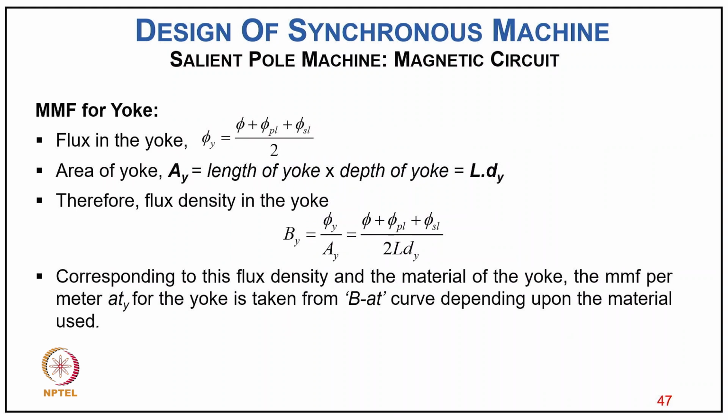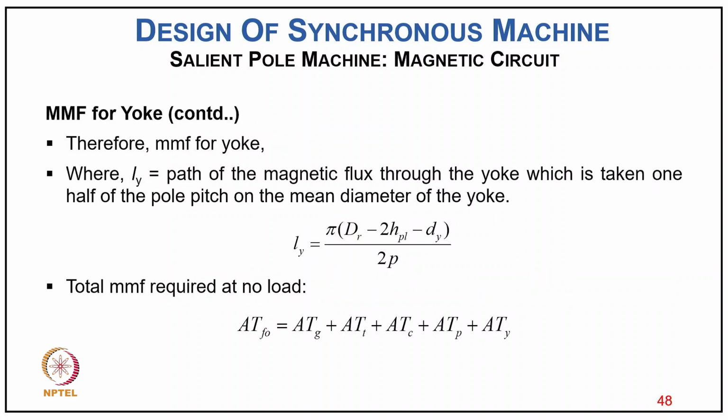Now MMF for the yoke. The flux in the yoke is phi y equal to phi plus phi PL plus phi SL by 2, and the area of the yoke Ay is equal to length of the yoke into depth of the yoke, that is L into dy. Therefore, the flux density in the yoke is By equal to phi y divided by Ay, equal to phi plus phi PL plus phi SL divided by 2 L dy. Corresponding to this flux density and the material of the yoke, the AT per meter ATy for the yoke is given from the B-AT curve depending upon the material used.